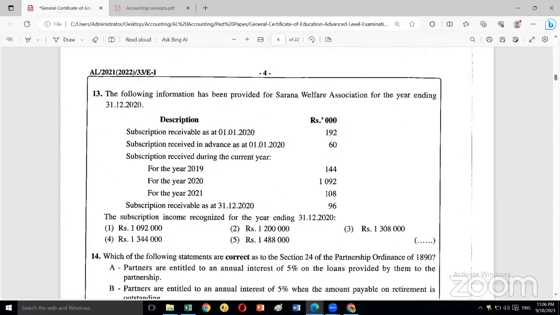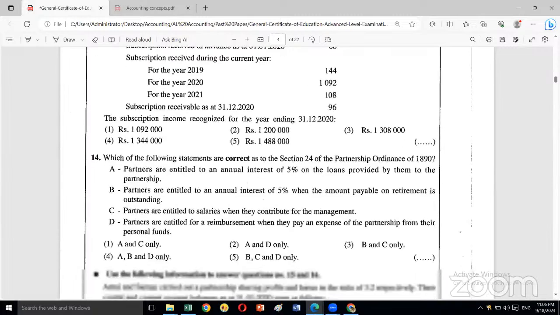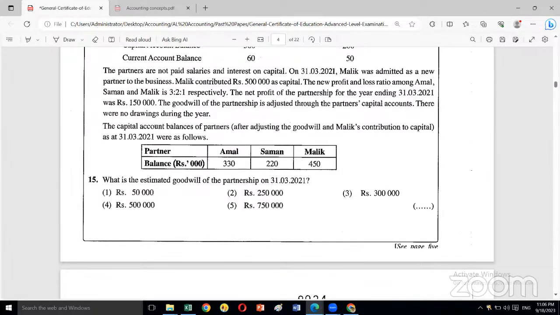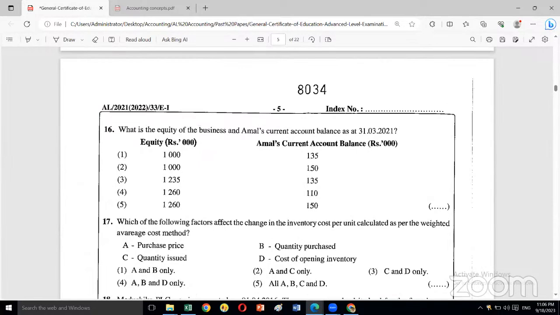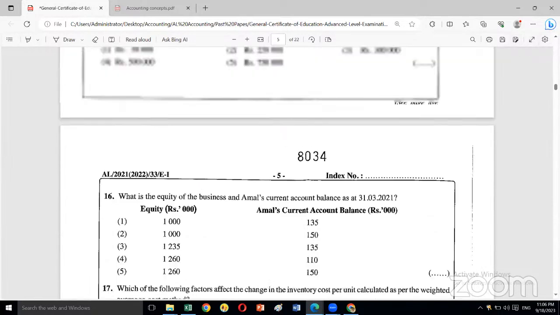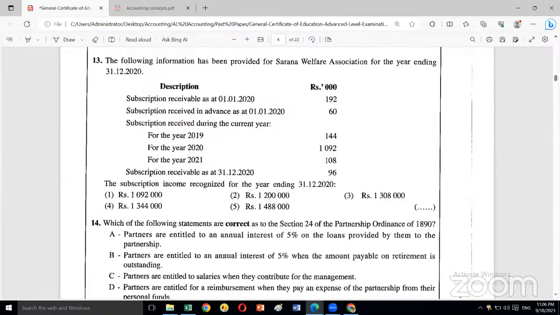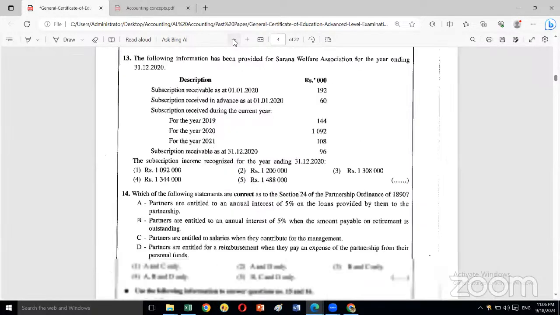So quickly do question number 13, 14, 15 and 16. Quickly do all four questions. Whatever you know, just give a try. Even if it is correct or wrong, no issue.